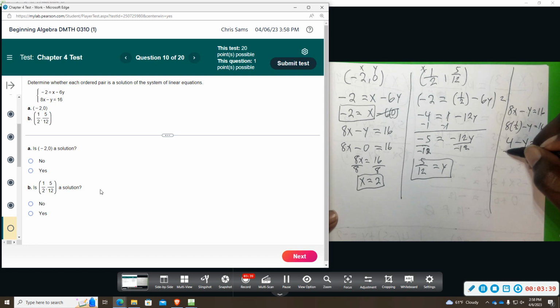And then if I subtract 4, I get negative y equals 12. And y needs to be positive, so divide by negative 1. And we get y equals negative 12, which is not 12 over 5. So it looks like neither of these ordered pairs is a solution to the system of equations.